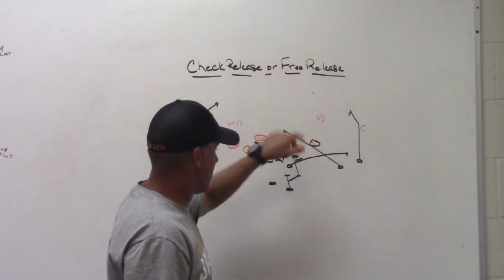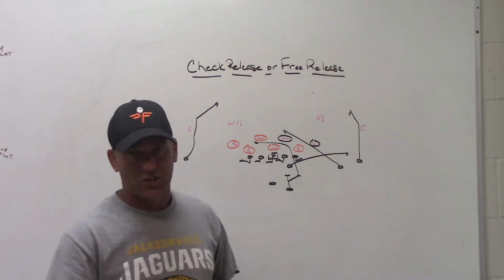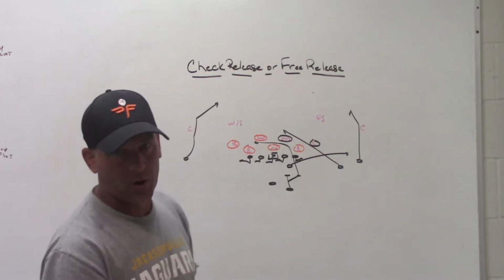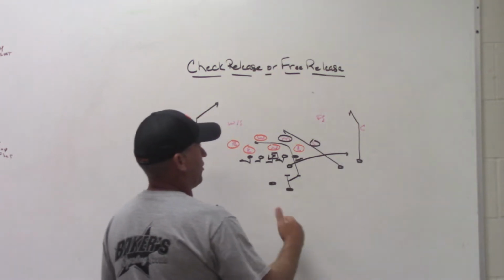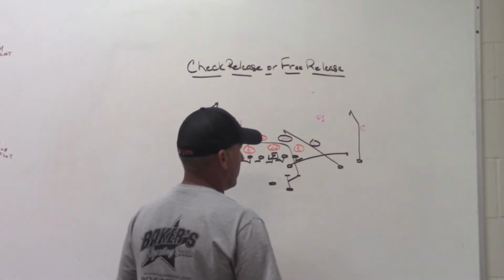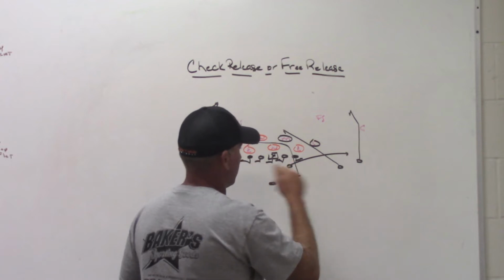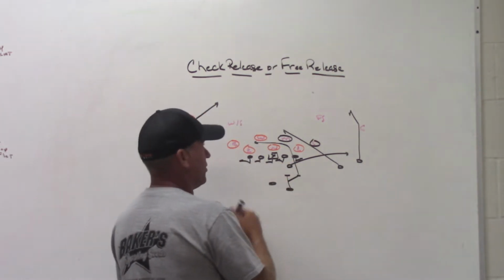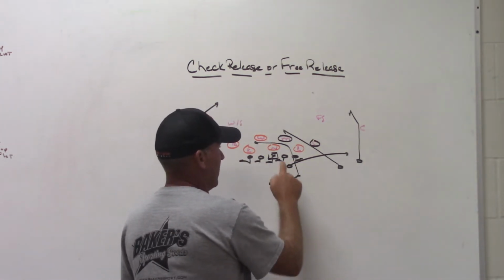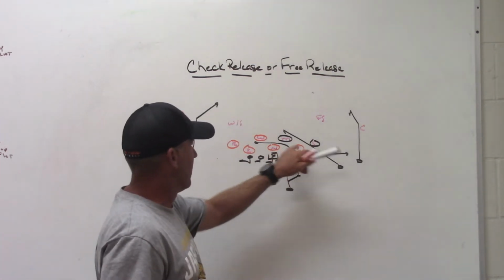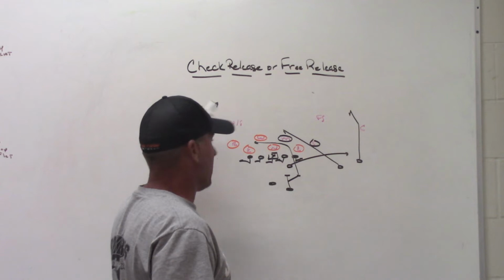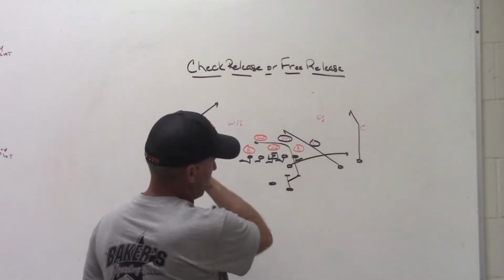The other 2 backers we have to account for either in releases and hot throws, or we've got to account for them with running backs. So what I have drawn up right now is a free release to the flat by the sniffer, and then a check release where the tailback has an inside to outside double read. So we're going to dual read the tailback, inside linebacker to outside linebacker, and then I've got them in an angle route across the formation.